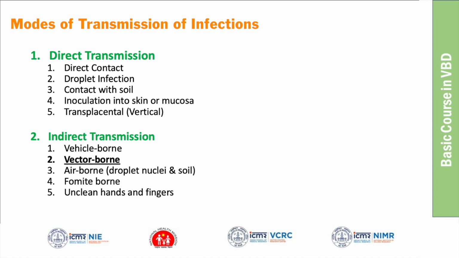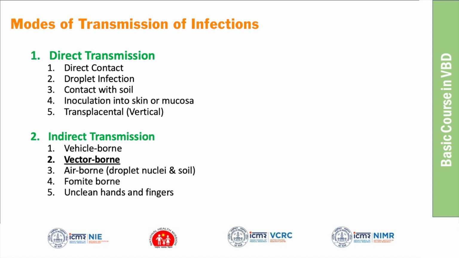In the direct transmission category, there are 5 subcategories known. Number 1, direct contact. Number 2, droplet infection. Number 3, contact with soil. Number 4, inoculation into skin or mucosa. And number 5 is transplacental, which means vertical transmission from mother to the child.